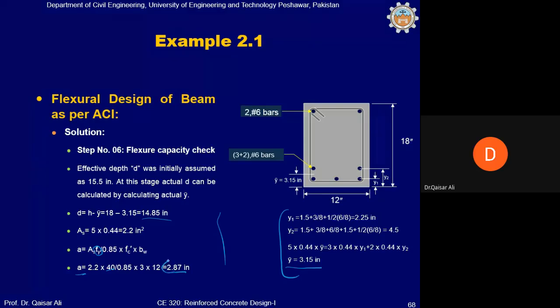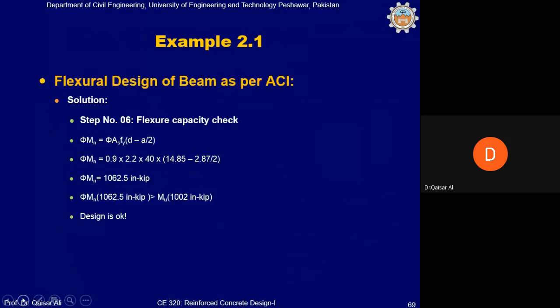It is in this case it is 2.87 inches. And if we calculate the phi Mn, so now you can see it is slightly greater than the demand, but since it is greater than the demand moment, so the design is sufficient. Okay.